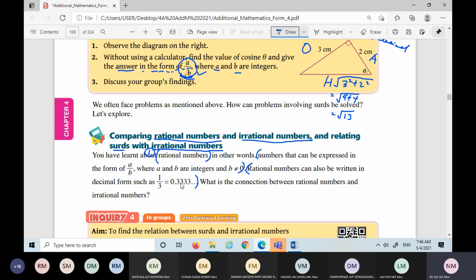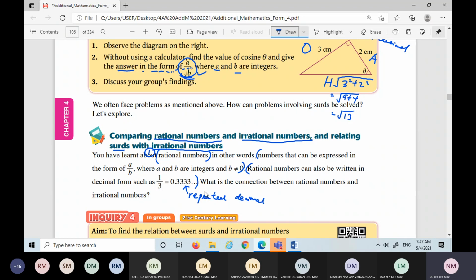You will see the decimal is repeating. This one we call a repeated decimal. If you see a decimal which is a repeated decimal, that number actually is a rational number.